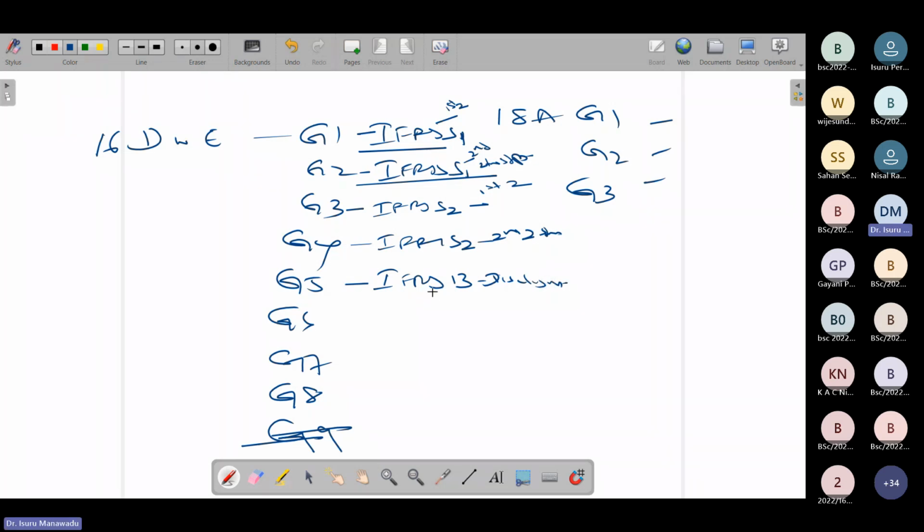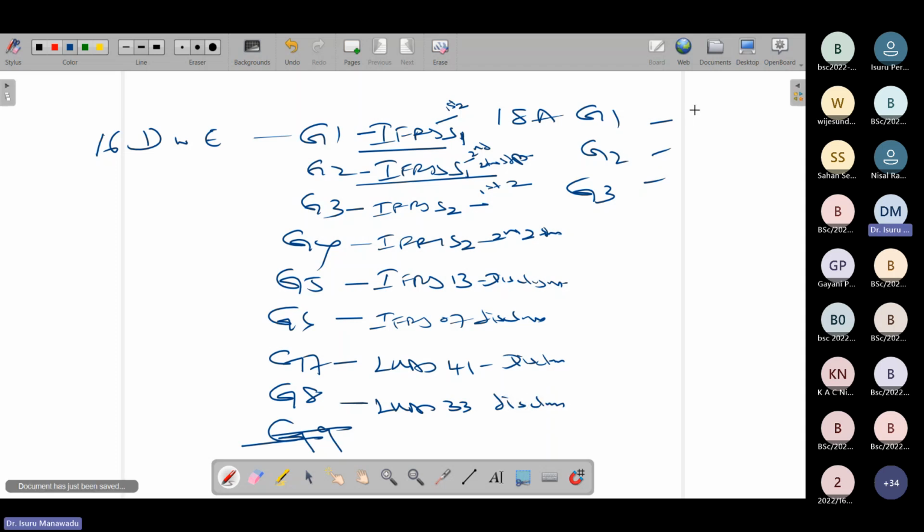Group 6, IFRS 7 disclosures. Group 7, LKAS 41 disclosures. Group 8, LKAS 33 disclosures.